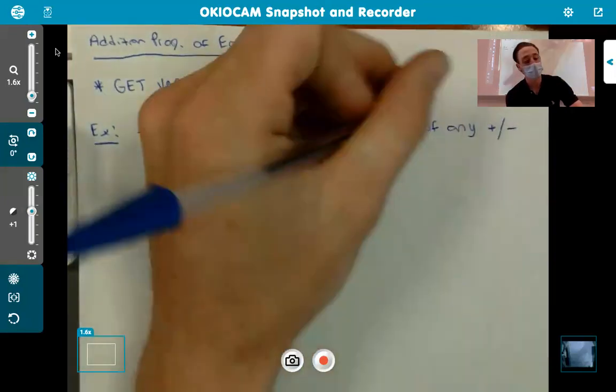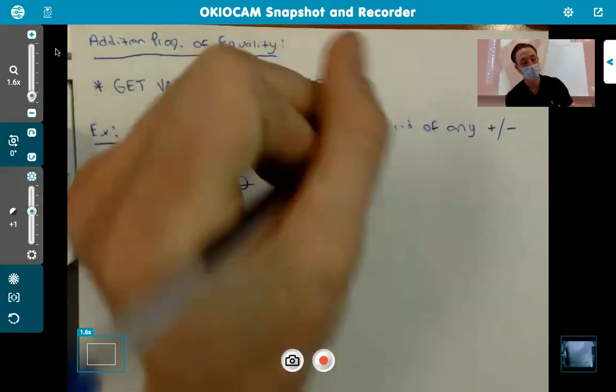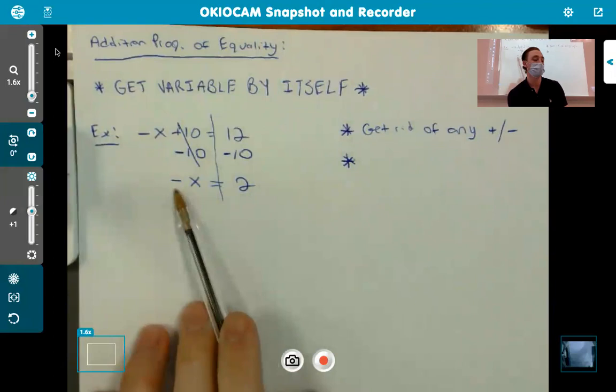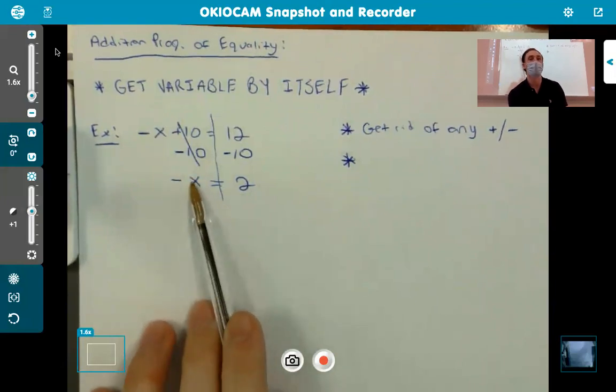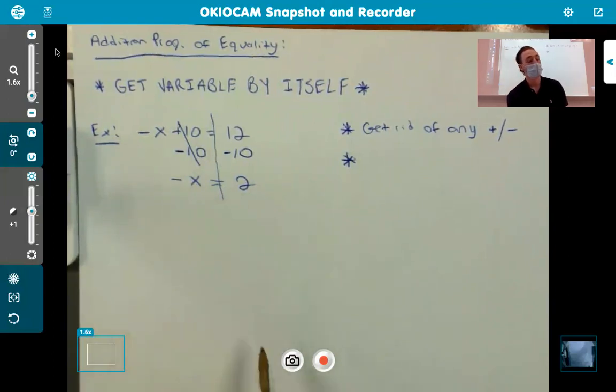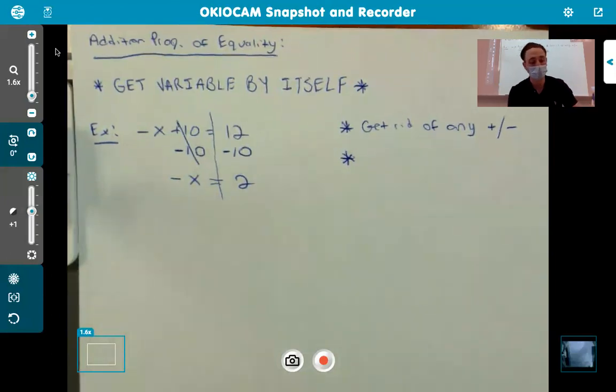My second step after I get rid of any addition and subtraction would then be to just divide by -1, right? Notice that this is negative x. What's technically the number in front of x? Even though we don't write it, 1, right? So this is -1 times x. Well, I want x to be by itself. I don't want any negatives or any numbers in front of that either. I'm trying to get the variable entirely alone.